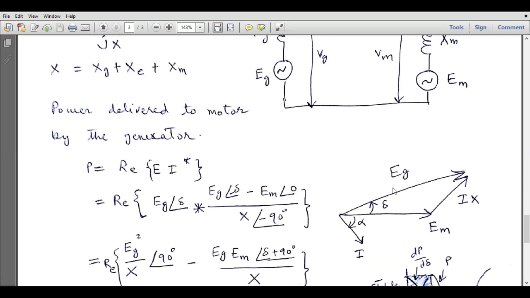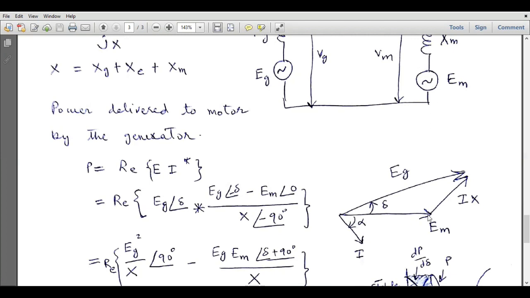And the phasor representation of all these vectors is presented in this phasor diagram. And here you can see Eg is leading Em by an angle of delta, and Em is our reference, which is the motor voltage or the load voltage, and the current flowing through the motor will be lagging behind the motor voltage by an angle of alpha, because this is an inductive circuit, so current will be lagging behind the voltage.